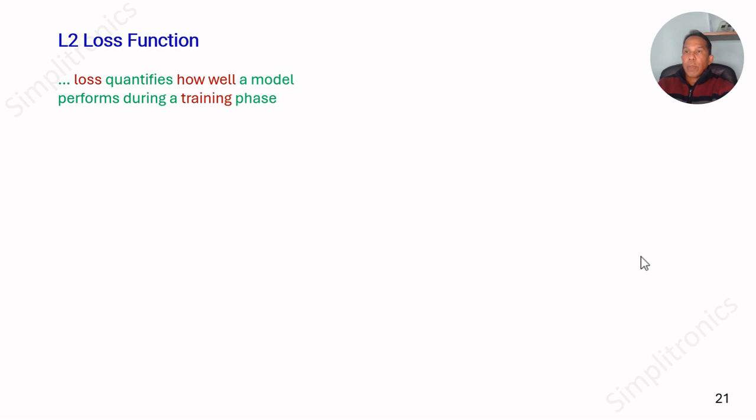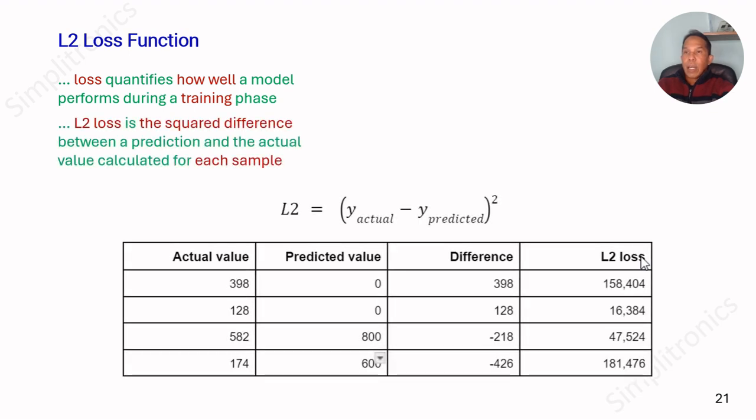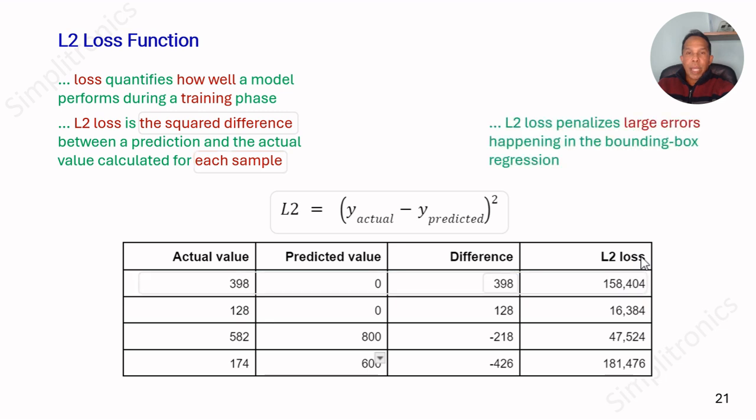L2 loss function. Loss quantifies how well a model performs during a training phase. L2 loss is the squared difference between a prediction and the actual value calculated for each sample. L2 loss penalizes large errors happening in the bounding box regression.